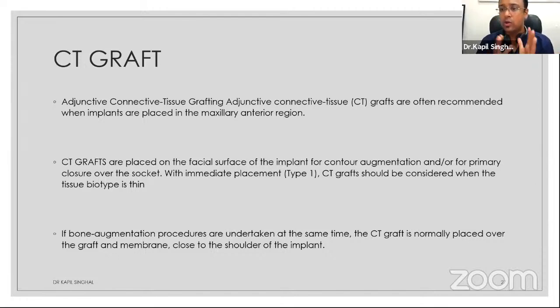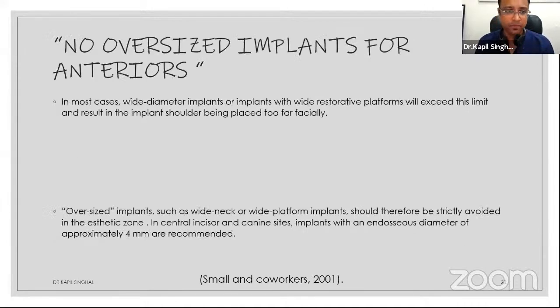To compensate for the bone loss occurring due to the tooth extraction and immediate implant placement, a connective tissue graft is a good way to maintain that bulk of soft tissue on the buccal side.